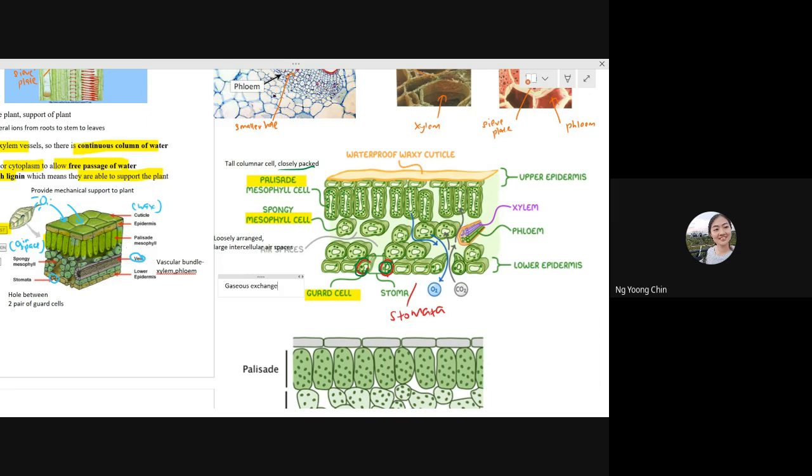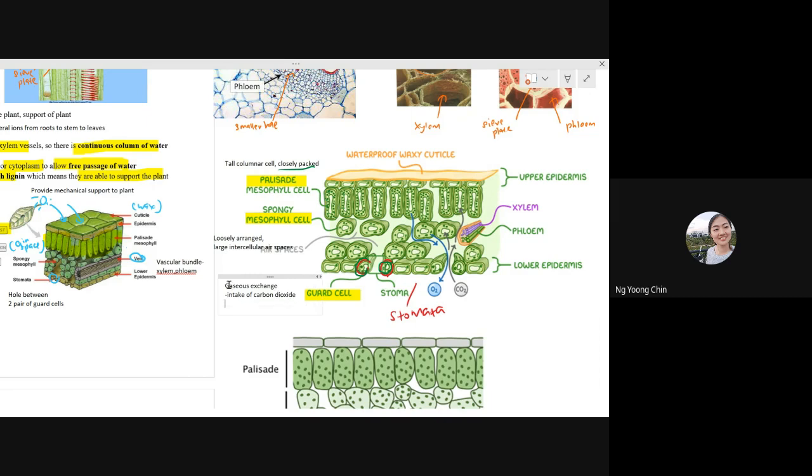Just like in humans, we perform gaseous exchange every minute of our life. We inhale oxygen and exhale carbon dioxide, right? But in the plant, they work in the opposite way. They take in carbon dioxide, so we call it intake of carbon dioxide.